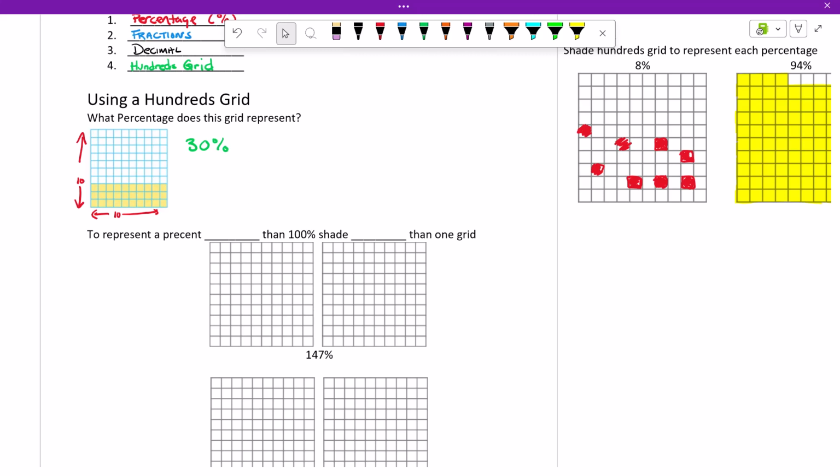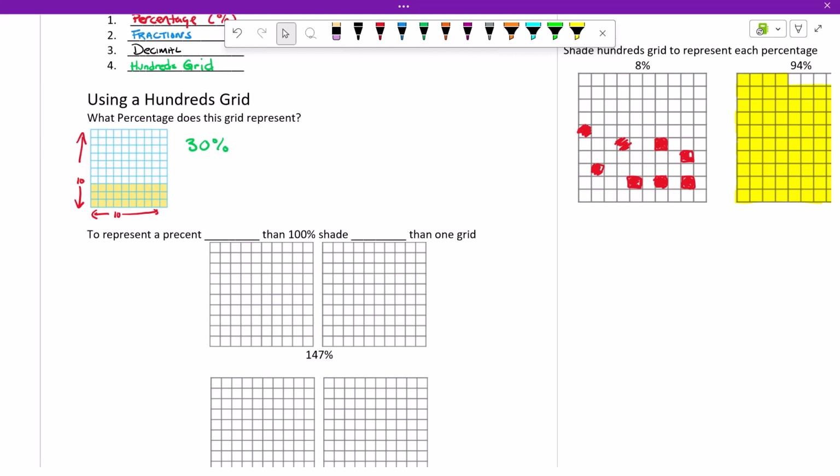Right? So, maybe you did some bonus marks on a test and you got 115% or something like that. So, if your percentage is bigger than 100, and you want to draw it out, what do you think needs to happen? Add more boxes. Add more 100 boxes. That's all it is, right?